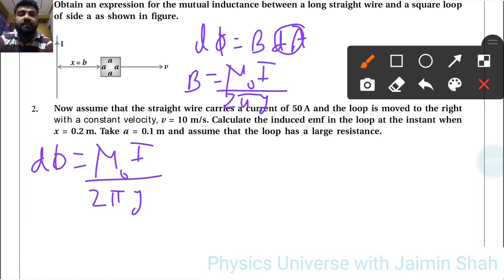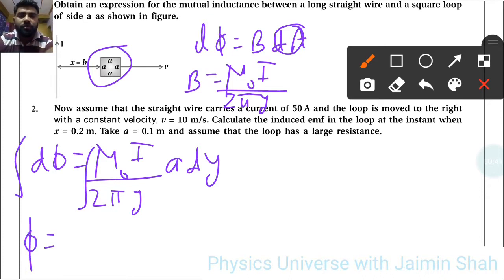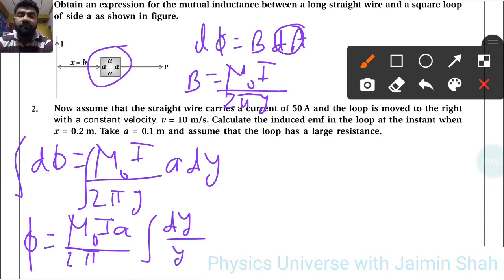Now dA is a dy, because for this square loop the side is a and the thickness is dy. Now integrating both sides, φ is equal to the constant term outside, μ0 I upon 2π, into a, and the integral of dy upon y. This integration is with respect to y, and the distance starts from a and goes to a plus x.